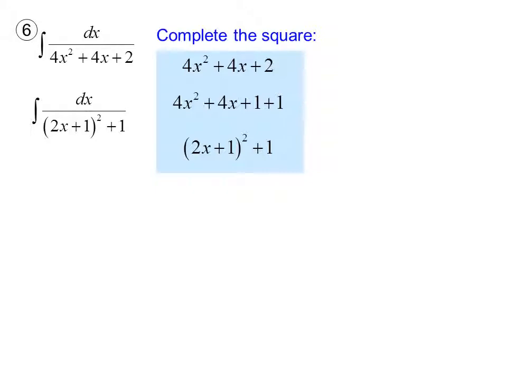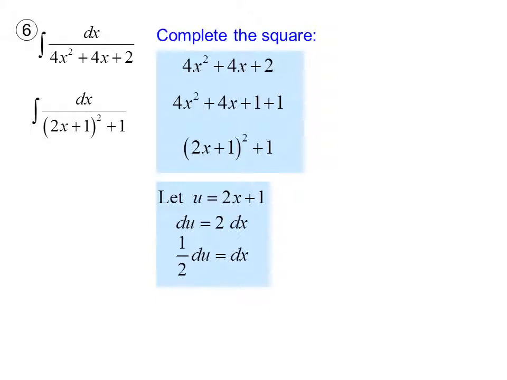Now we have the integral of dx over 2x plus 1 squared plus 1. Let u equal 2x plus 1. du equals 2 dx. 1/2 du equals dx. Now we have 1/2 times the integral of du over u squared plus 1. Once again, you might recognize this form, but let's continue with trig substitution.